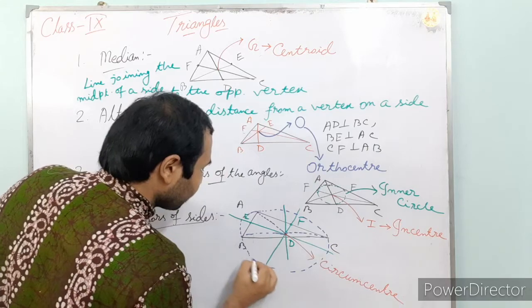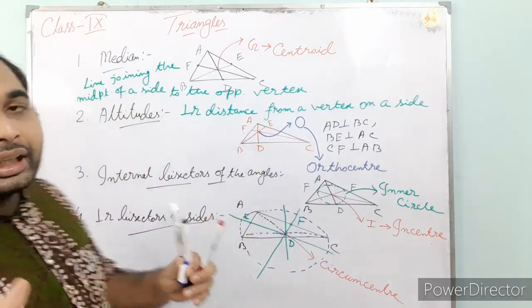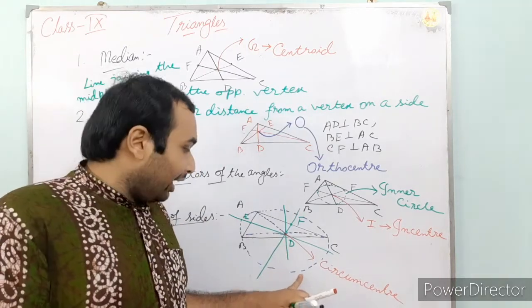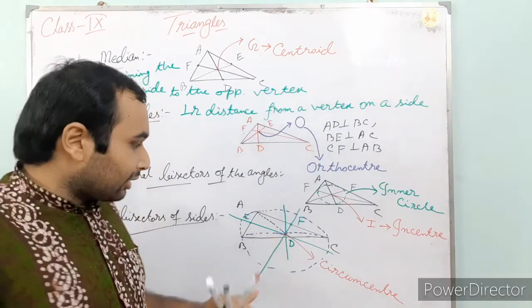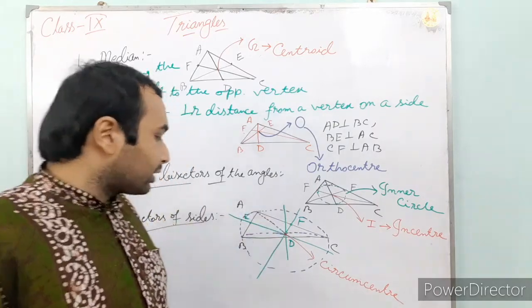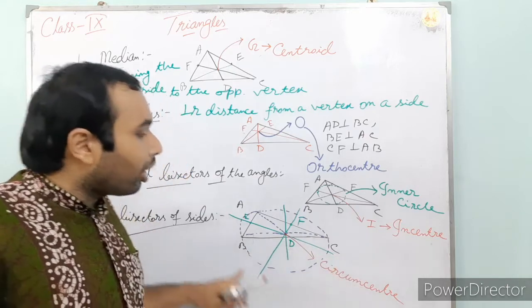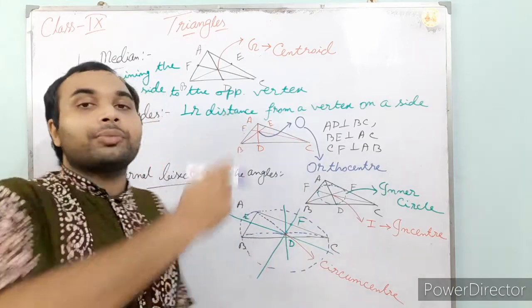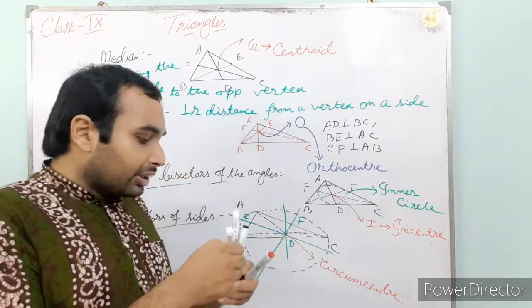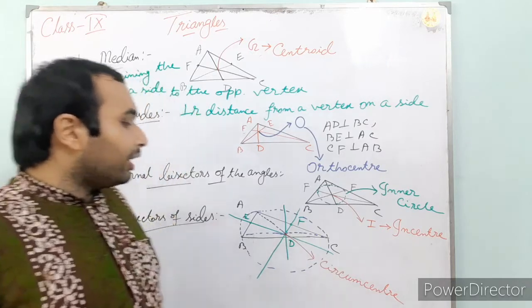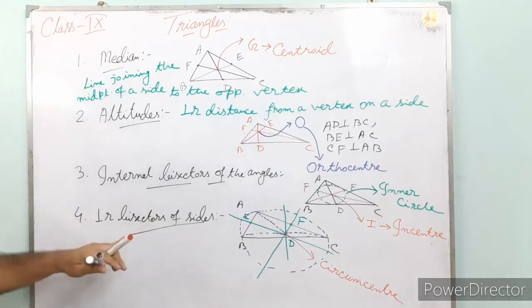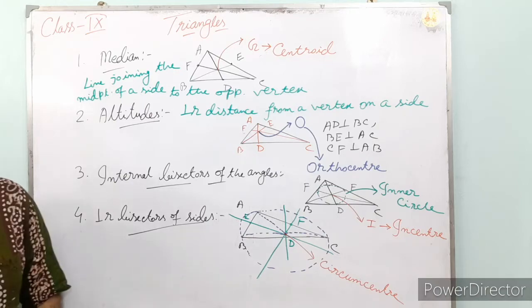Actually here I can't draw because I have not taken the measurements, that's why it is not a circle, it has become an ellipse. Whatever, I am just drawing the rough picture to make you understand. So we can draw a circle where all the vertices will be on the circumference of the circle. So that's why it is called the circumcentre of the triangle. That is, the intersection point of the perpendicular bisectors is called the circumcentre of the triangle.